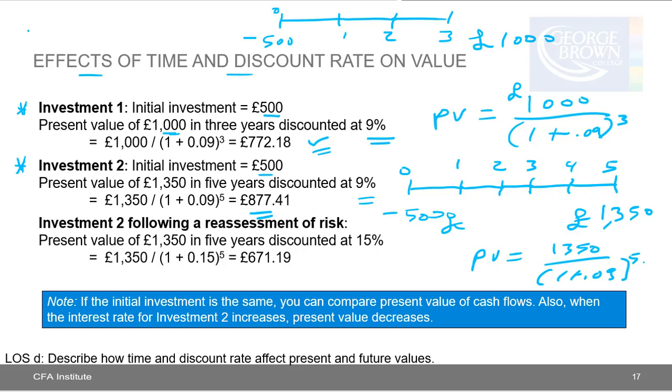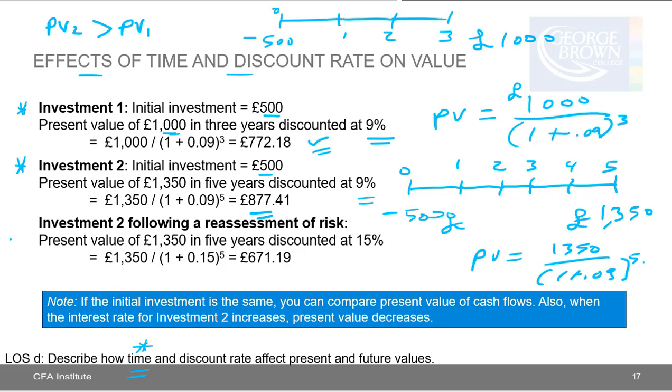So you would want to choose investment number 2 because the present value of investment number 2 is greater than the present value of investment number 1. And that's why using present value and future value techniques allows us to compare between different investments with different timelines. Okay, so in this case, you would choose investment number 2.